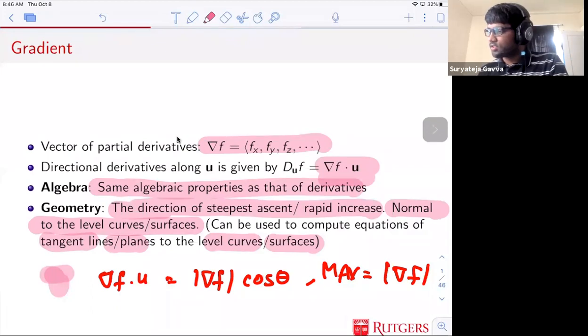Please try to understand all these properties of the gradient. As I said, the gradient direction geometrically gives you the maximum rate of increase, the direction in which the function changes the most, and that is a really important idea in mathematics.